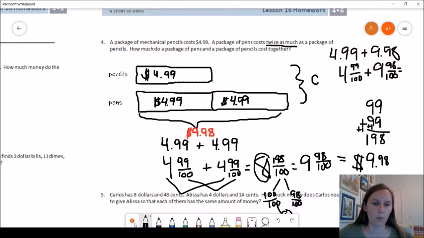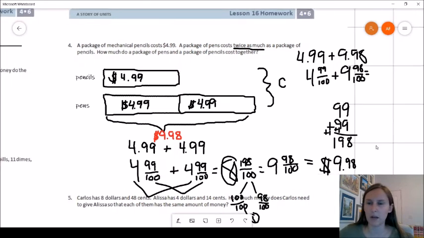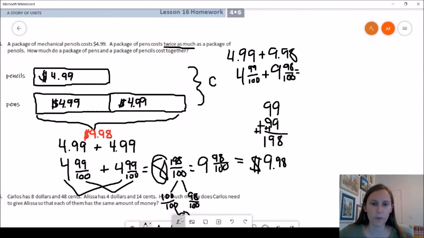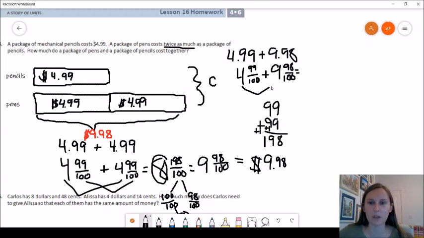So for my whole numbers, let me just move this to the side a little bit so we have some more room. For my whole numbers, if I were to add my whole numbers, 9 plus 4 gives me 13. And then for my fractions, 99 plus 98. Well, I just figured out that 99 plus 99 was 198, so 99 plus 98 would be 197 hundredths.